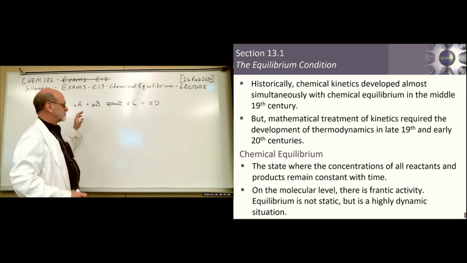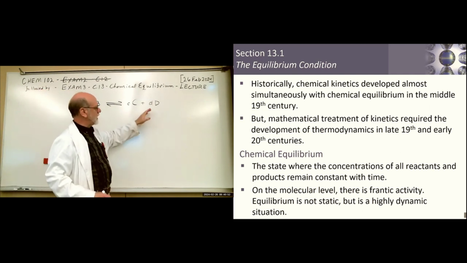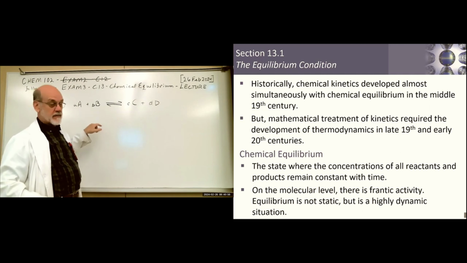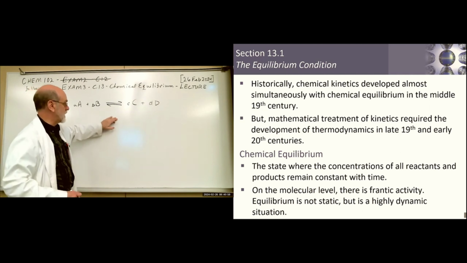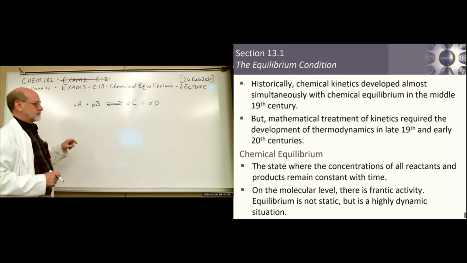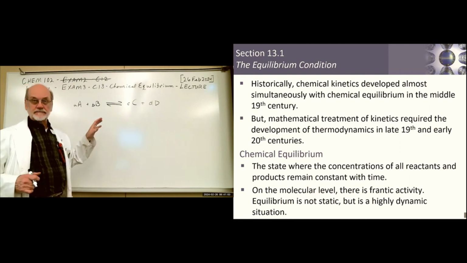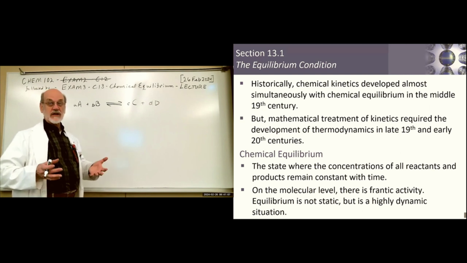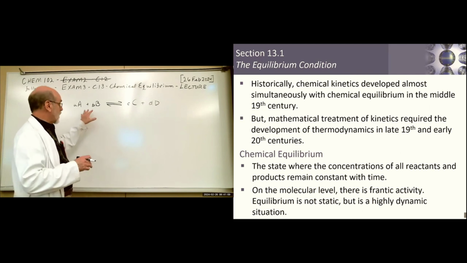Now, there are cases where the reaction goes so far to the right that there's not much left here, but there's always a little bit left. It's just difficult to measure. And that's what we see. We see that the reaction apparently is not changing, at least in concentrations.